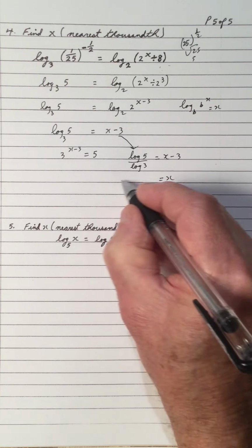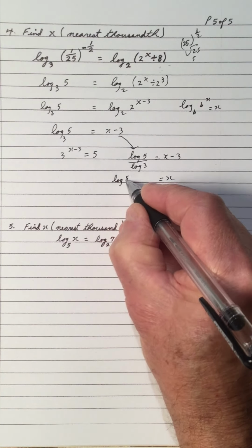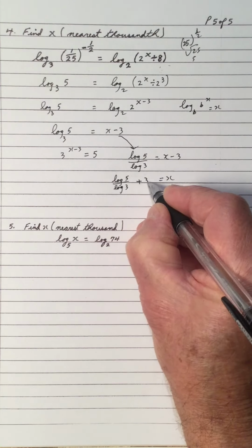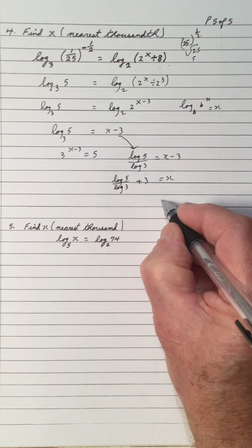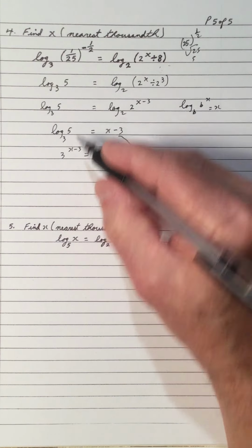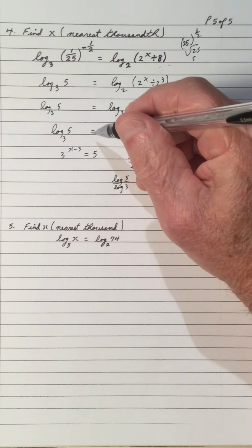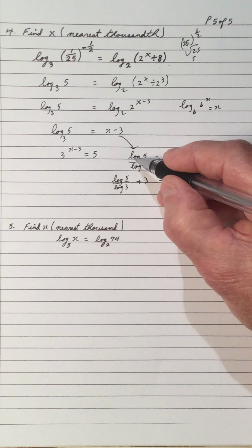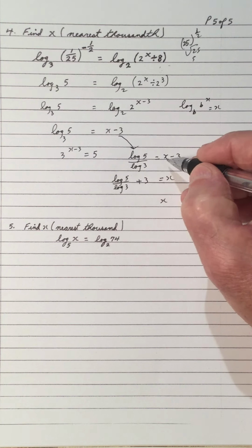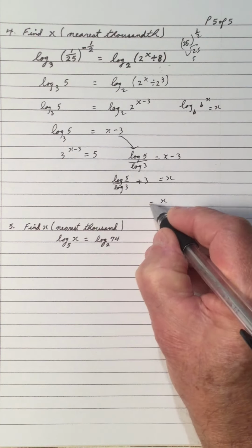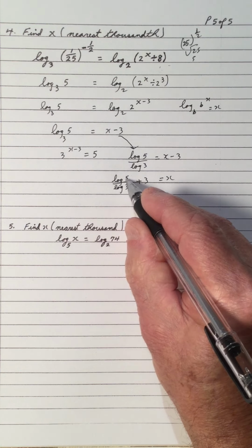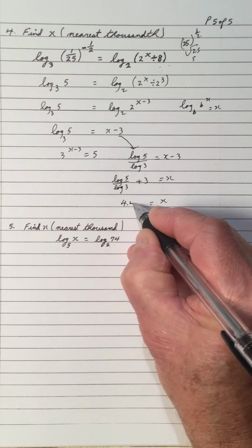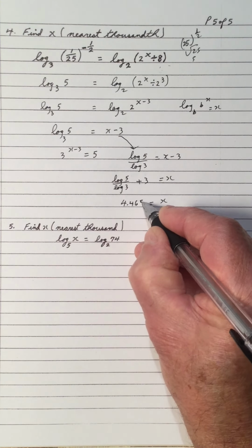So x is equal to the log of 5 divided by the log of 3 plus 3. So take the log of 5 base 3, write it as the log of 5 over the log of 3, move the 3 over, and then take your calculator and take the log of 5 divided by the log of 3, get an answer, and add on 3, and you get 4.465.